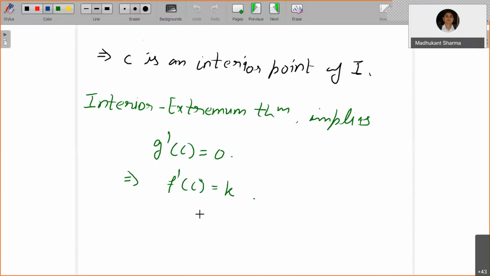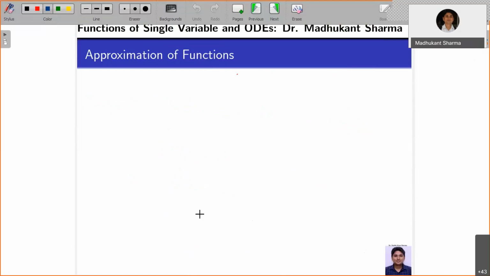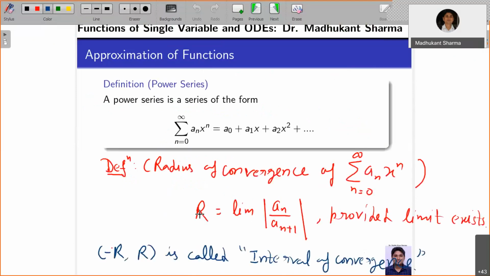Because that requires later on the differentiability of the function. Then only you can get those things nicely. So now we are going to look at the approximation of functions. The very first thing: a power series is a series of the following form.